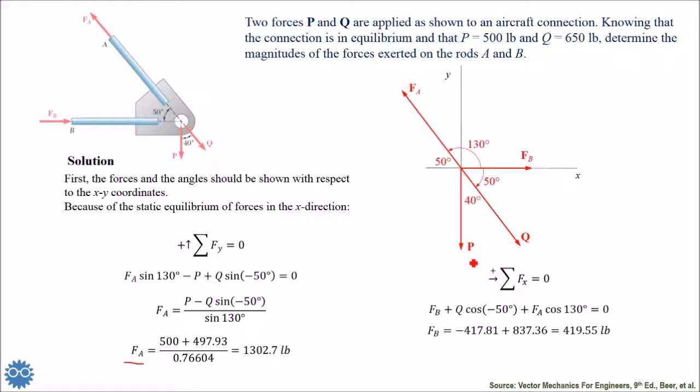It's a vertical force. So this is the equation, and finally we can get the results that FA equals 1303 pounds and FB equals 420 pounds, and this is the solution of this problem.